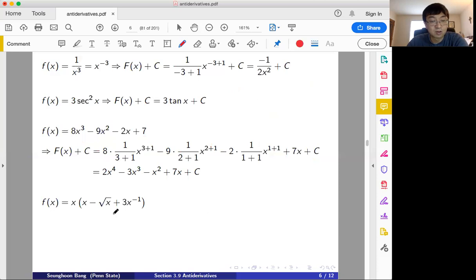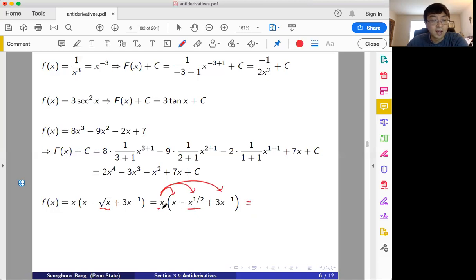The next one. In this case, how can you find the antiderivative? Before you find the antiderivative, you have to expand first. So this is the same as changing it like this. The square root of x is exactly x to the 1/2, distribute.